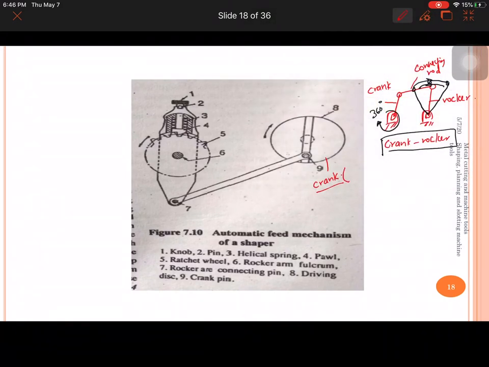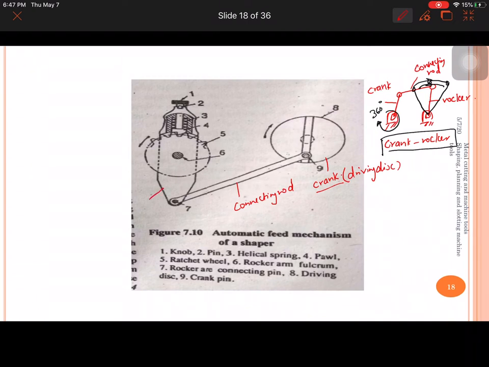This crank is also called the driving disc here, and this driving disc is connected to the connecting rod. How is this driving disc rotated? This driving disc is rotated by engagement with the bull gear.